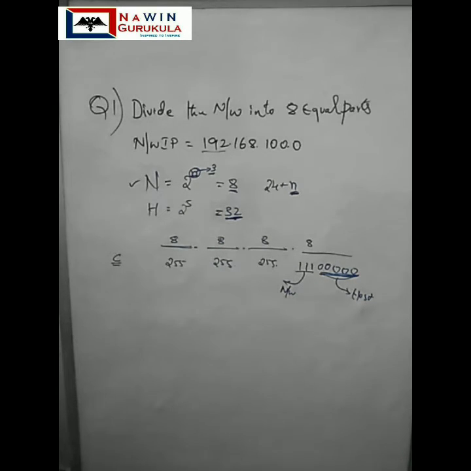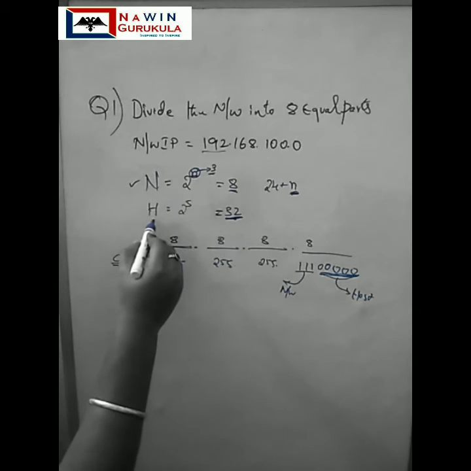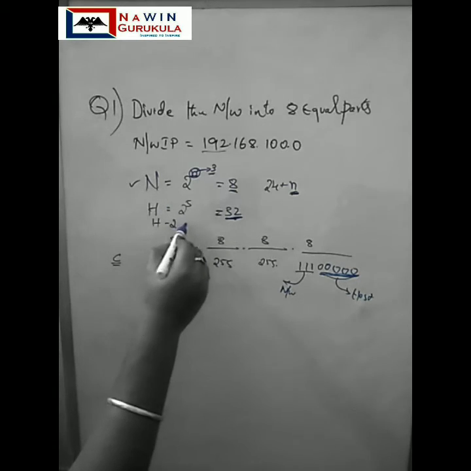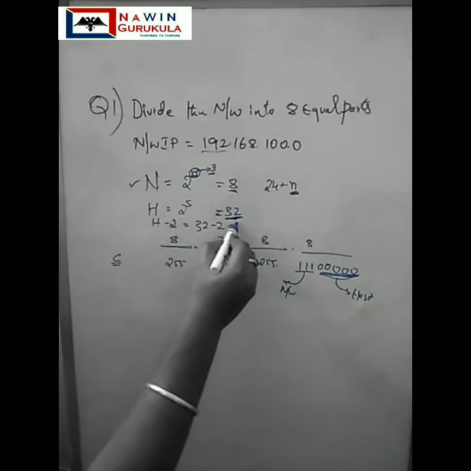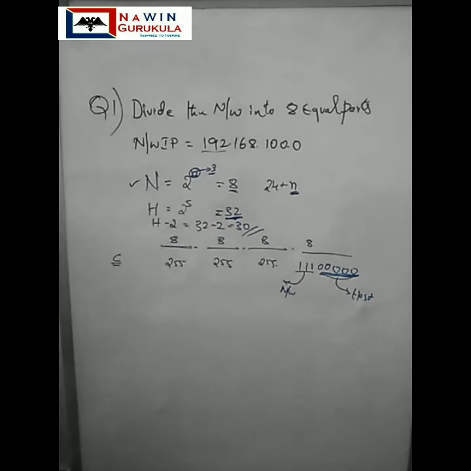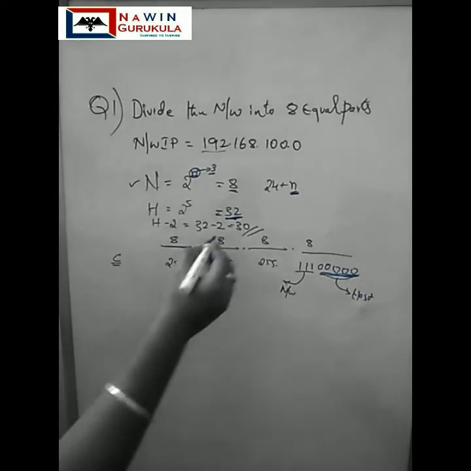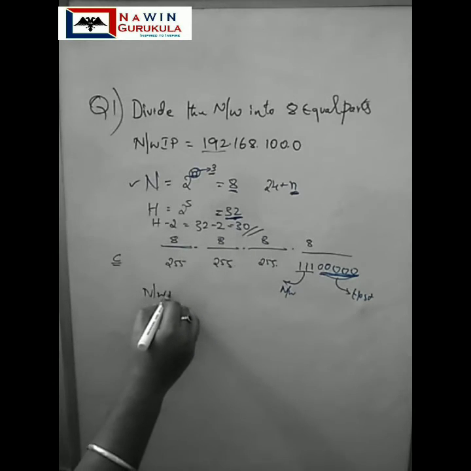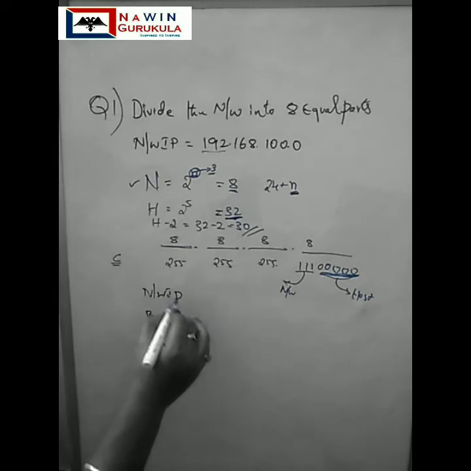The third question asks how many usable IPs there are in one network. That means H minus 2. So that is 32 minus 2, which is 30. So in total we will get 30 usable IPs, where one IP I will be using for the network ID and another IP I will be using for the broadcast ID.